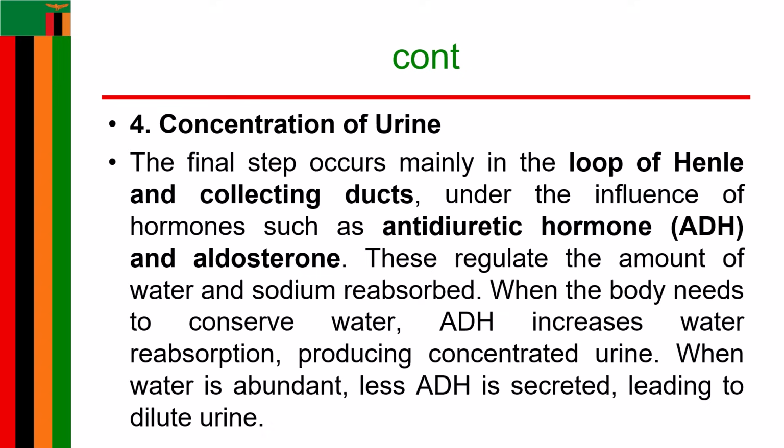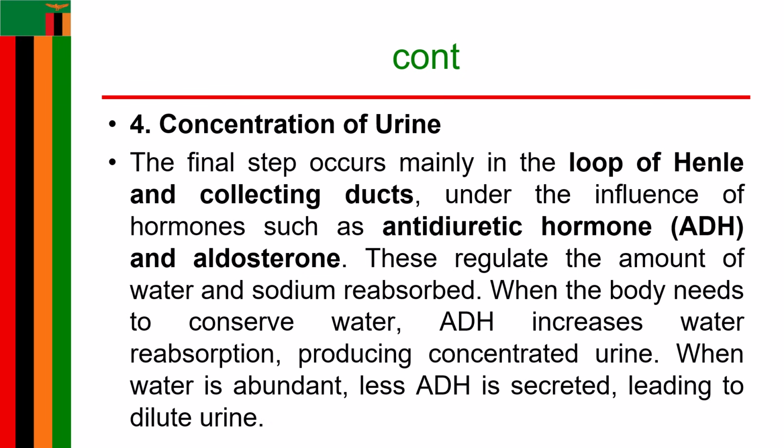So these two hormones will regulate the amount of water and sodium that should be reabsorbed back to the body. And when the body needs to conserve water or fluids, antidiuretic hormone will increase water reabsorption because it is needed back in the body. And this makes the urine more concentrated, or more yellowish, because a lot of water is being reabsorbed back.